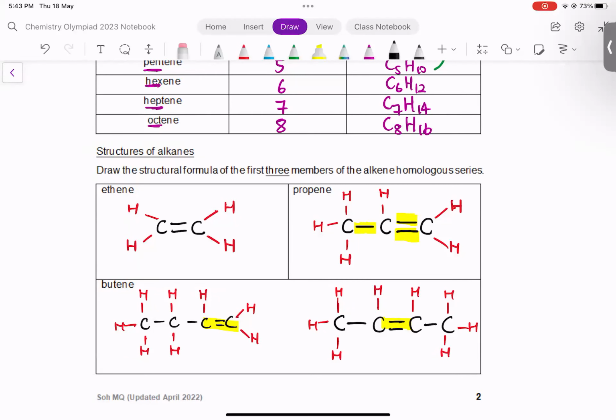However, these 2 molecules are not the same. These are called isomers of each other. The first one on the left-hand side is called but-1-ene. But-1-ene means the double bond is at the end. The 1 indicates the double bond is at the end.